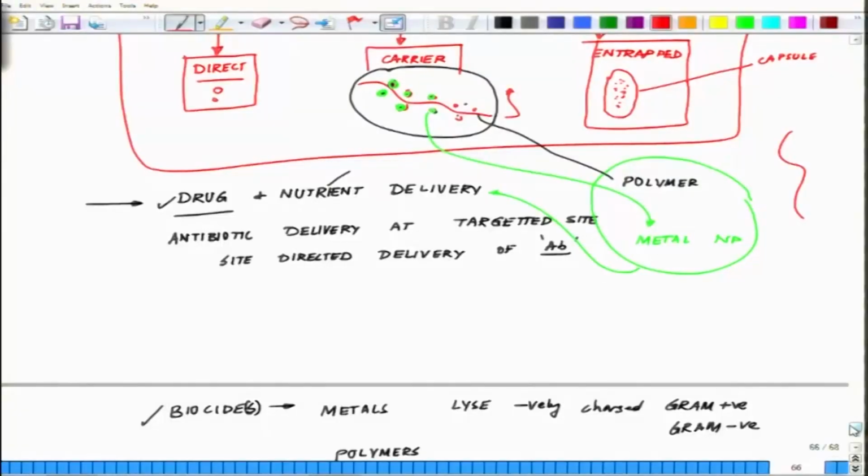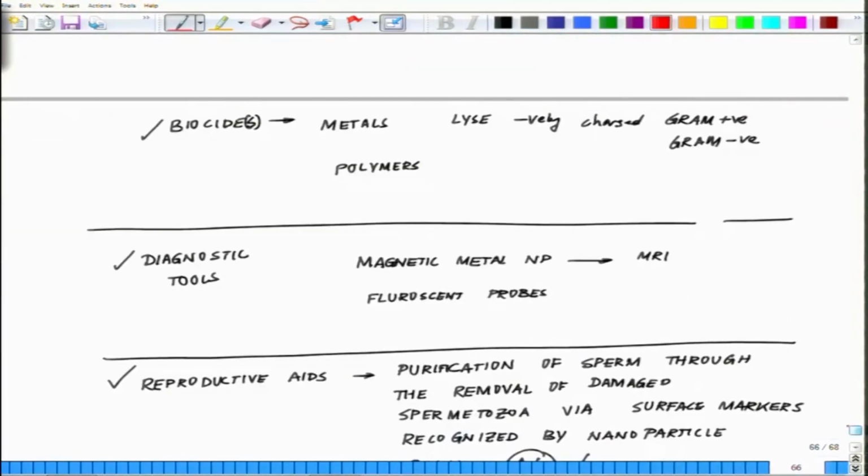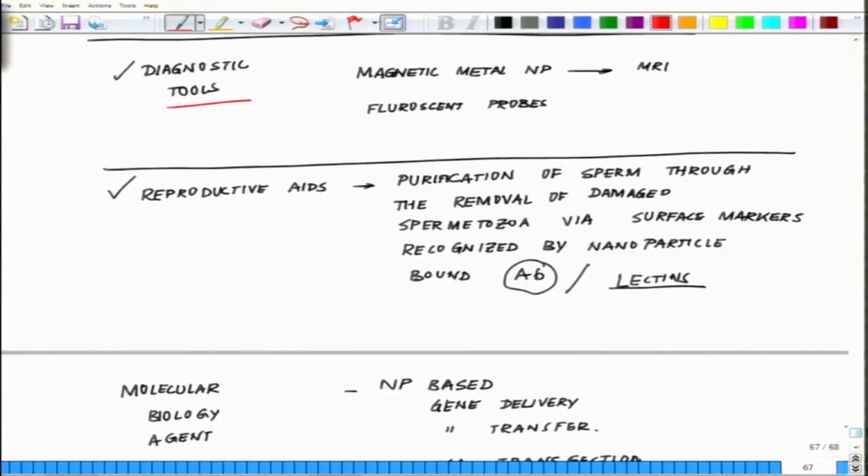So, apart from it, we talked about drug and nutrient delivery, which is antibiotic delivery to the targeted sites and site-directed delivery of antibiotics or antibodies, then the biocides in terms of the metals, diagnostic tools using different kinds of fluorescent probes, and there is a lot of work going on in terms of single particle tracking.